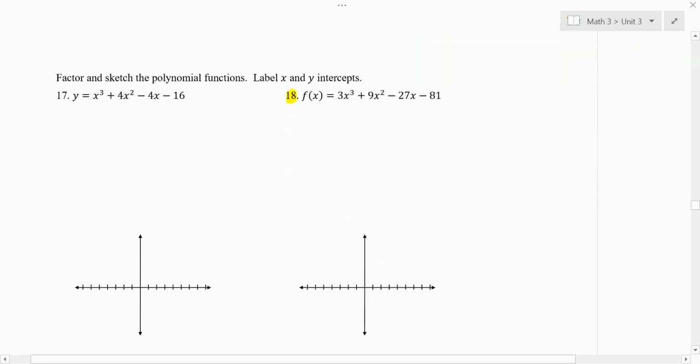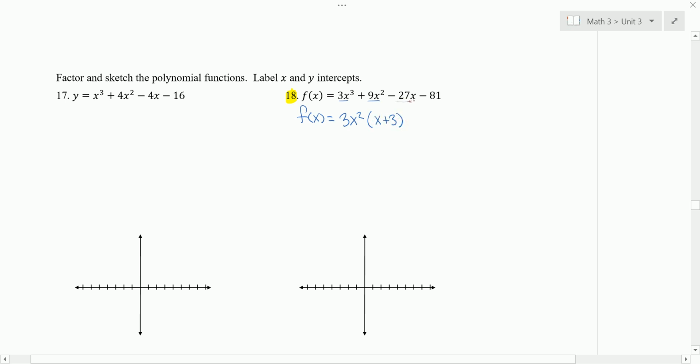Number 18, we're asked to factor and sketch the polynomial function, label any x and y-intercepts. We've got four terms. I'm going to try factoring by grouping. So the first two terms I could divide by 3x squared, and I'm left with x plus 3.